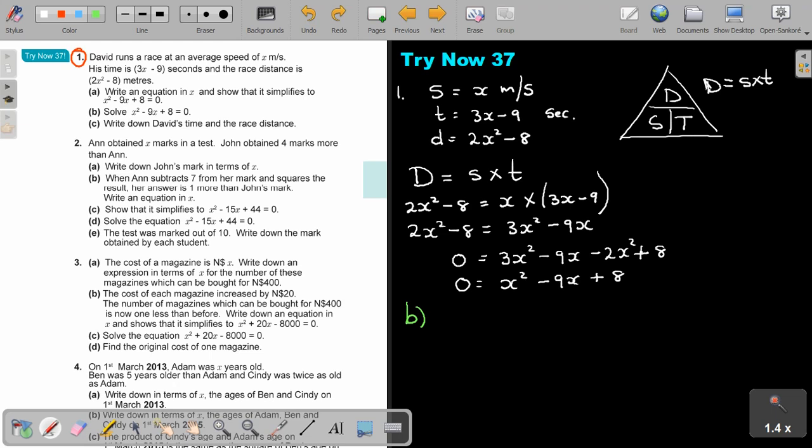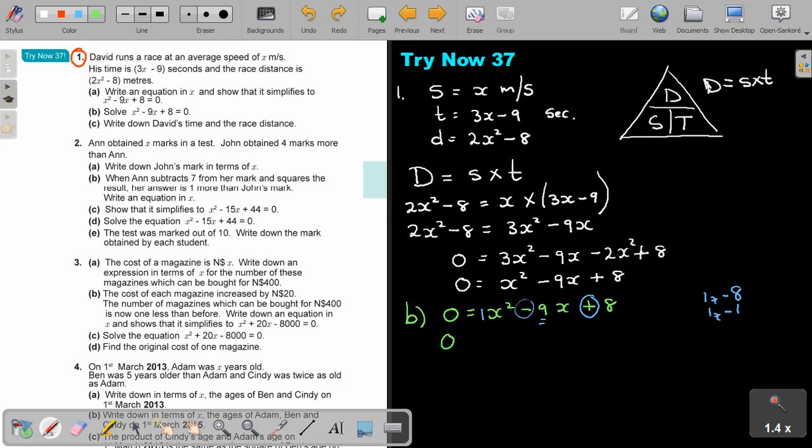Solve this. Okay, very important. Just solve. It's just algebra. Don't reject any answer. So in this case, I start with the equation. Let's see if we can factorize. 8 and 1, 1 and 1. 8 plus 1 is 9. The signs must be the same, and both must be negative.